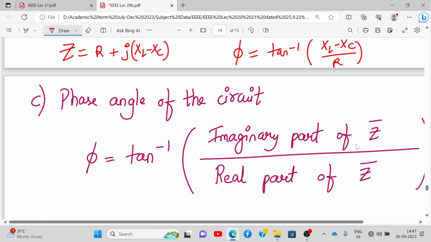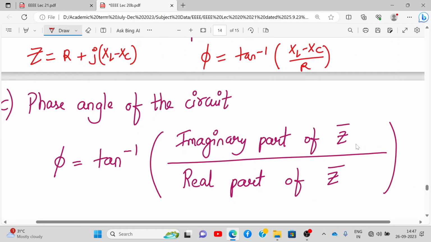So isn't this the generalized form valid over here? The imaginary part is XL minus XC and the real part is R. So phi is tan inverse of the imaginary part of Z bar upon the real part of Z bar. This is generalized. It is also valid for series RC and series RL circuits.